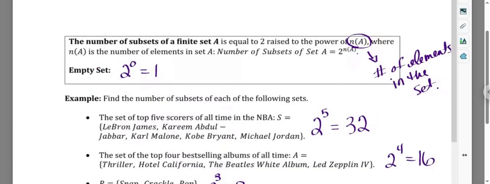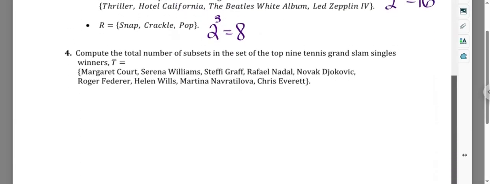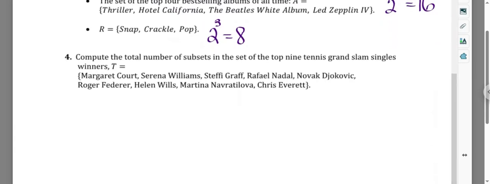All right. So if we look at the top 9 tennis grand champions, how many subsets could we create with that list? Again, how many? You don't actually have to create them. I just want to know how many there would be there.